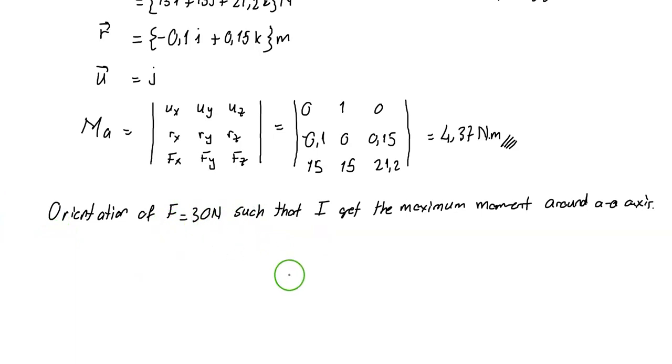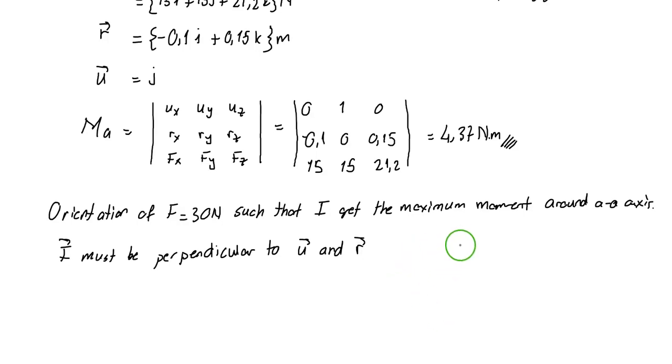For the moment to be maximum, I need to have a perpendicular orientation of F with respect to u and r. So my F vector must be perpendicular to the u vector and the position vector.